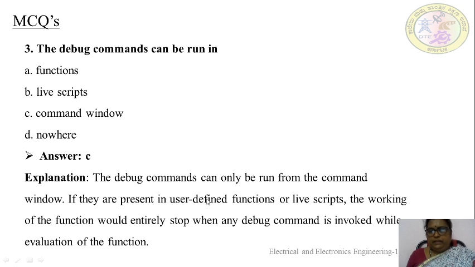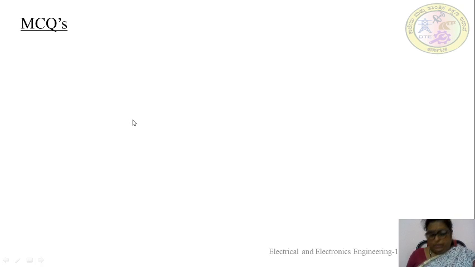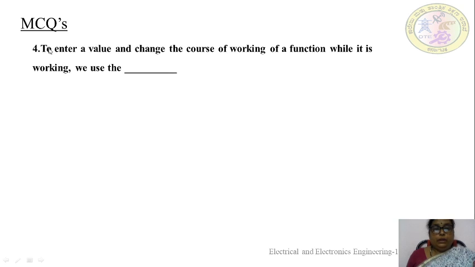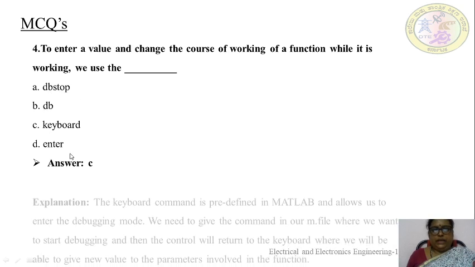If they are present in the user defined functions or the live scripts, the working of the function would entirely stop when any debug command is invoked while evaluation of the function. So you have to use them only in the command window. To enter a value and change the course of working of a function while it is working, which command do we use? Debug stop, debug, keyboard or enter. Yes, we are going to use the keyboard.